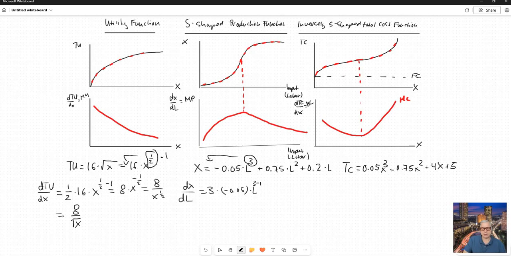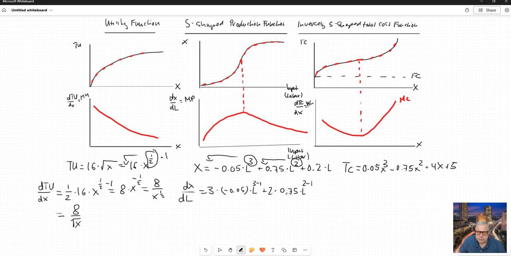Now we move to the next term, plus, again the exponent of L goes in front, so plus 2 times 0.75 times L raised to the 2 minus 1. That's always the second step. You must not forget to subtract 1.